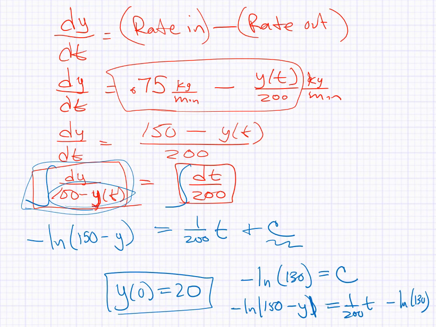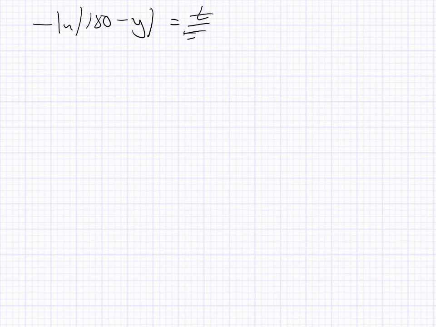And what we can do is then try and solve for y. Pretty easy. We'll try and get rid of the logarithms by using e, and then go from there. So we have minus log of 150 minus y equals t over 200 minus log of 130, e on both sides.